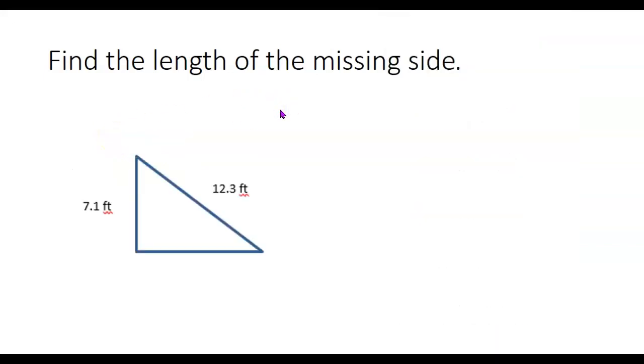Okay, next example. Here we have a right triangle. This side is 7.1 feet. This side is 12.3 feet. And this side we don't know. That's what we're trying to find, the length of the missing side. So a squared plus b squared equals c squared. This time the hypotenuse is one of the ones that we do know.